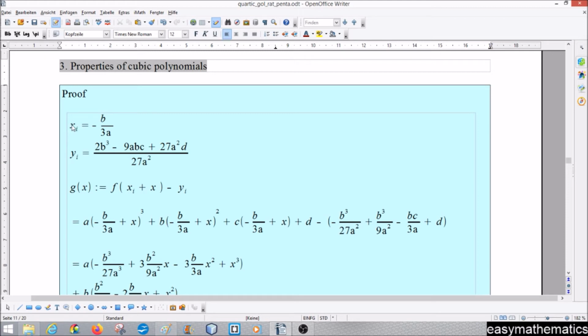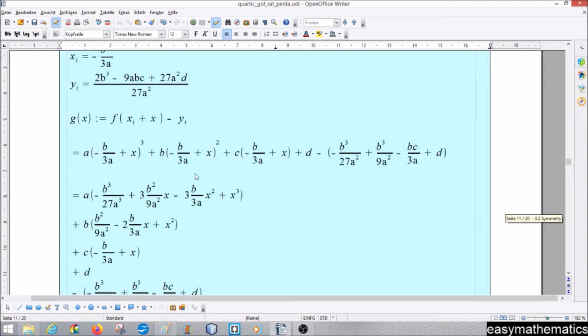So we take an inflection point, these are the coordinates. Then we define a new g of x. It's f of x_i plus x minus y_i. So we move the new coordinate system into the inflection point. Then we calculate a little bit. It's not so difficult. We have to take care of all the signs and all the exponents.